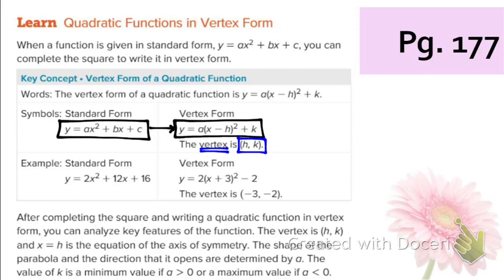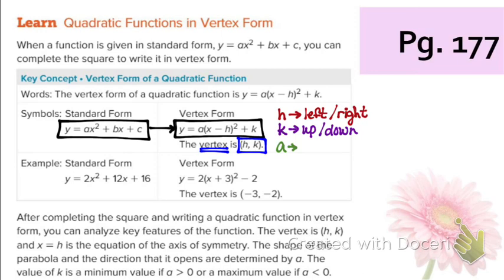What kinds of transformations do H and K control? Left and right. H sends things left and right. What does K do? Up and down. What does A do to the graph?